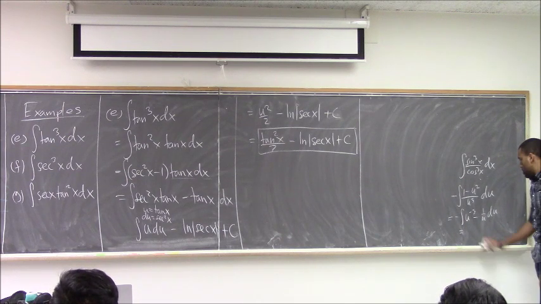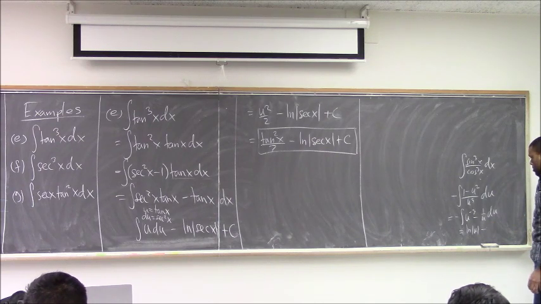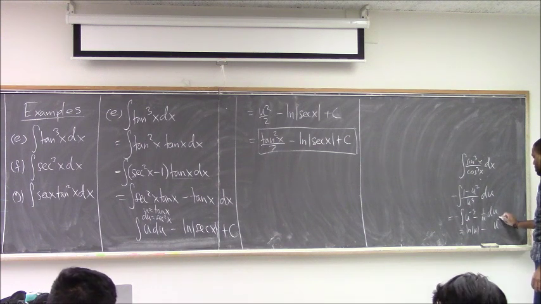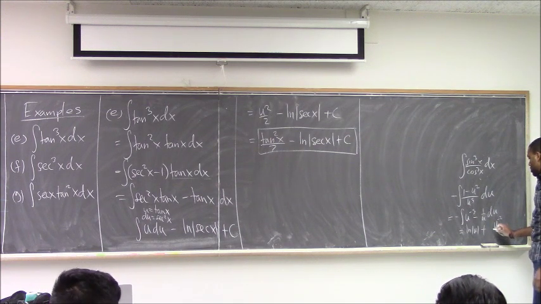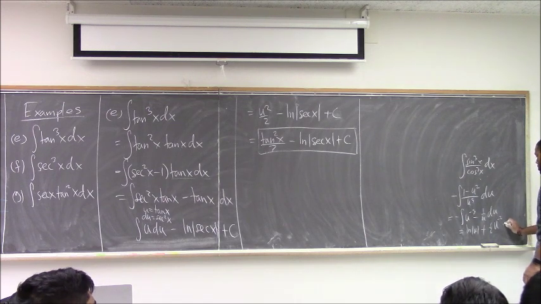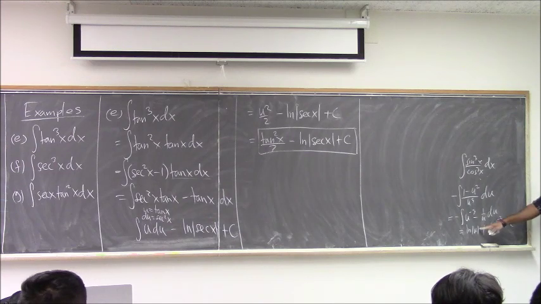And so that would just be ln of u minus, add 1 to the power, divide by the new power, plus c. So that could work, where your u in this case is cosine.